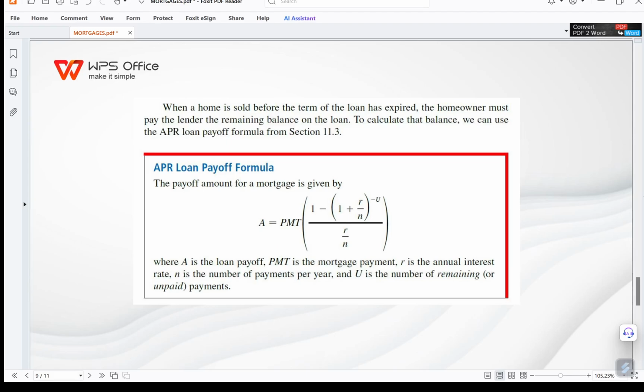R is the annual interest rate, N is the number of payments per year, and U is the number of remaining or unpaid payments. So we need to know the length of time the borrower made payments before selling the home.